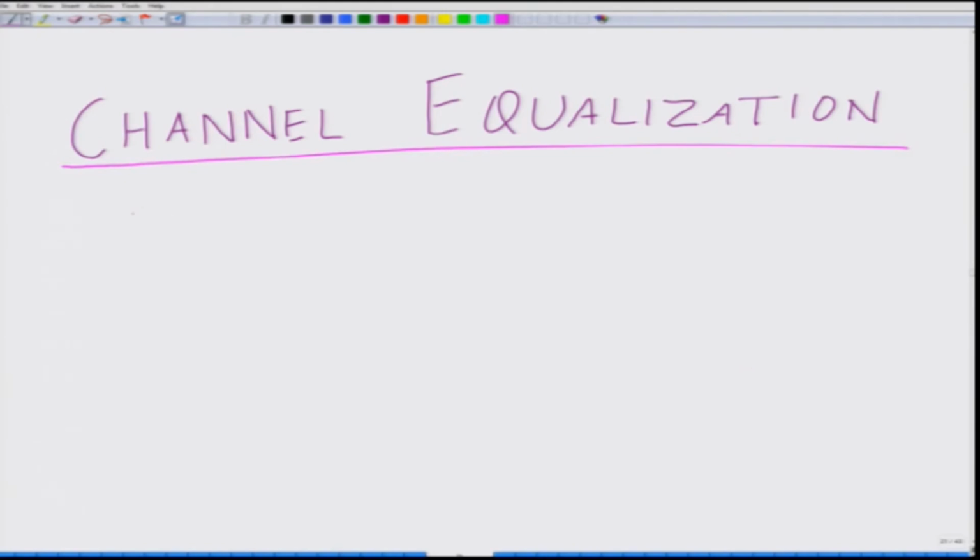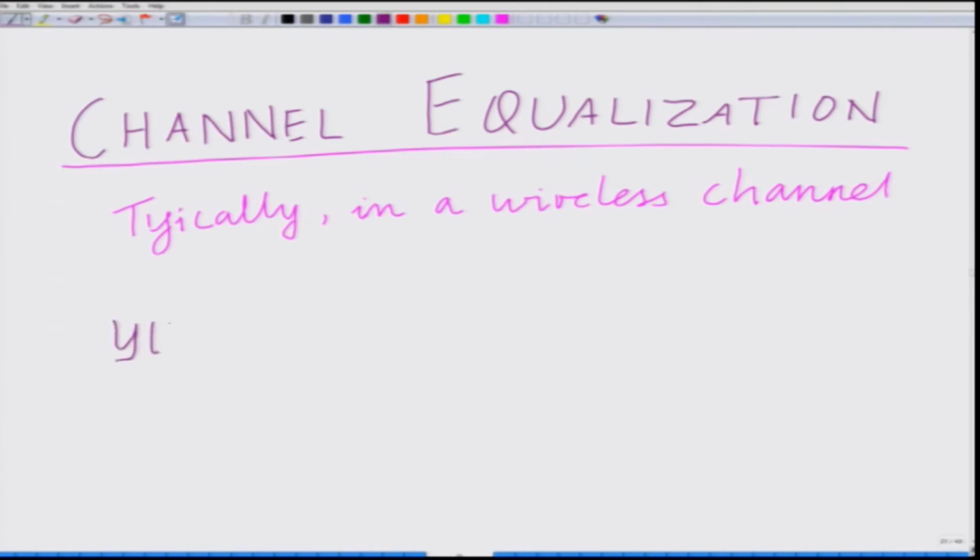Channel equalization, typically in a wireless channel, as we have already seen before, the received output symbol at time k, yk, equals h times xk plus vk, which is the noise. This is the model for a typical wireless channel. And what is yk? Yk is the symbol received at time k.